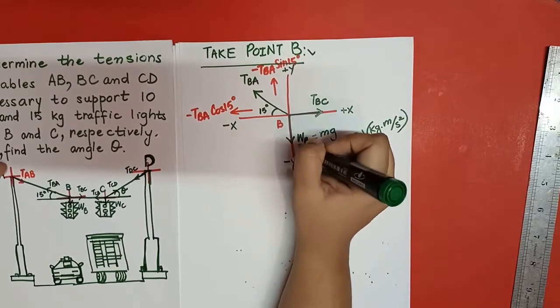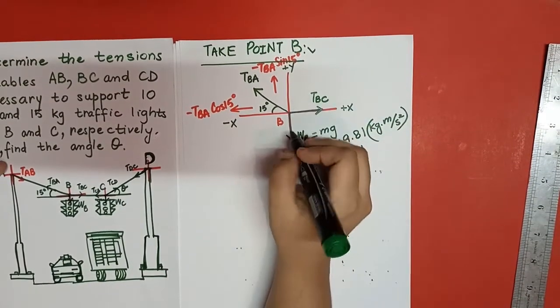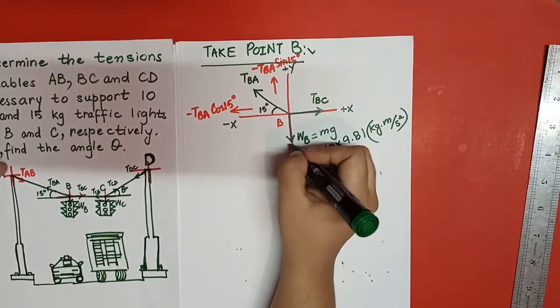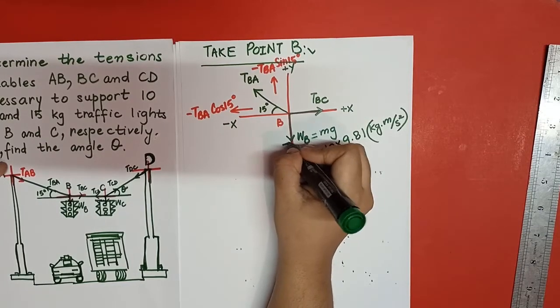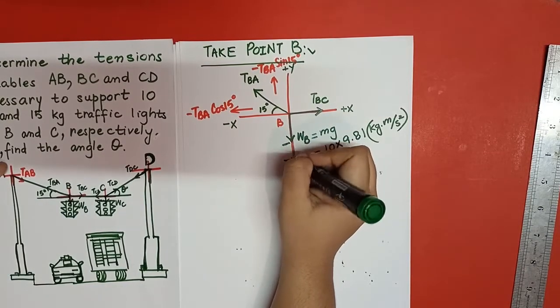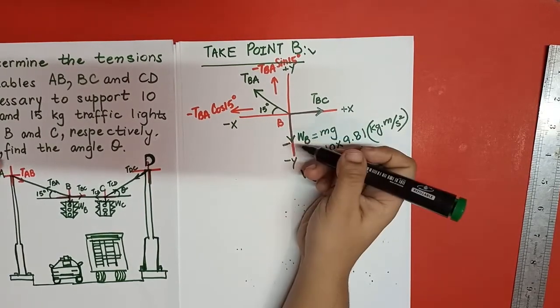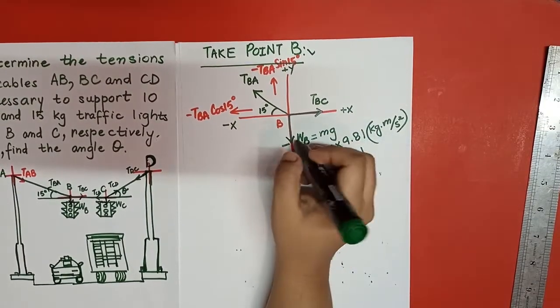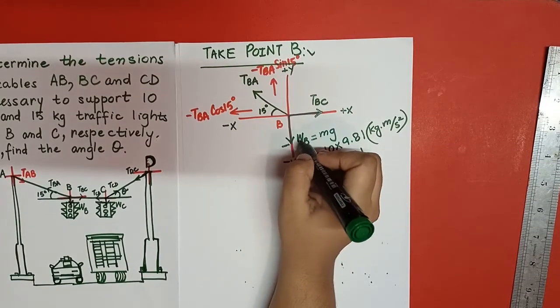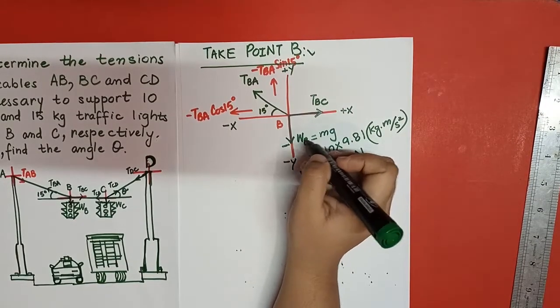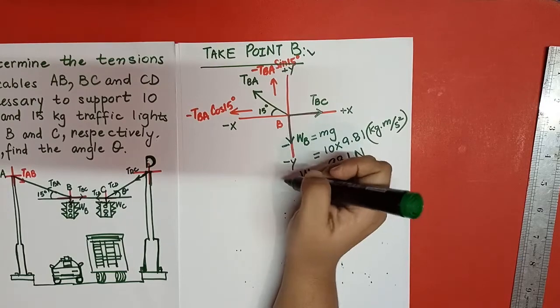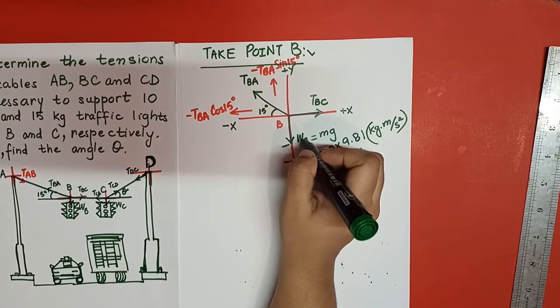And this is WB, which is acting downward on the negative y-axis, so it will also be negative because it lies exactly on the negative y-axis. Its x component should be 0.